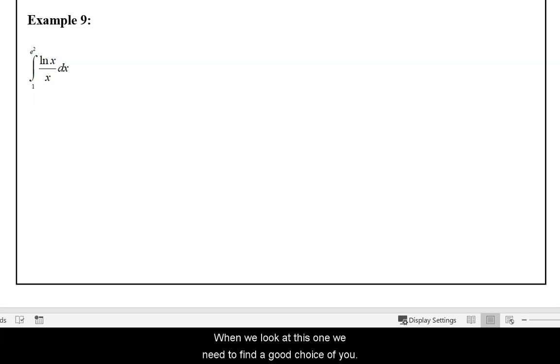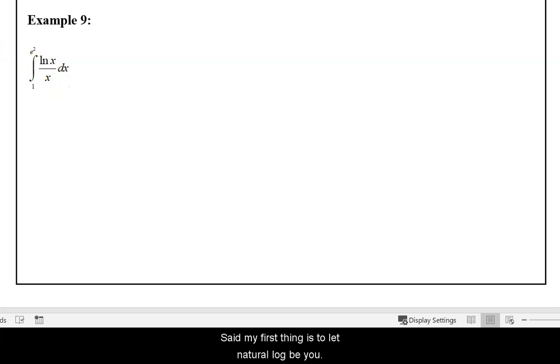When we look at this one, we need to find a good choice of u. I will tell you that natural log is sort of a difficult function to deal with. It's kind of the bully on the block. It gets to be u. It's always u. If it's there, it's usually u.